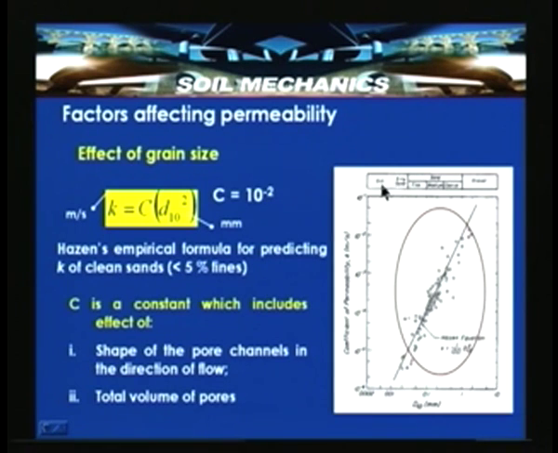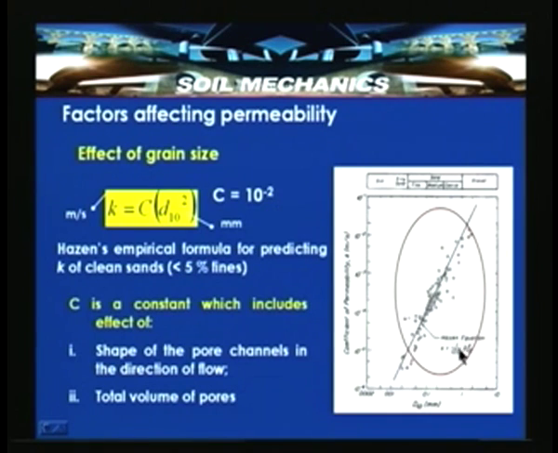Different soils like silt and silty sand, sand with fine, medium and coarse, and gravel are selected. Once the values are plotted, the regression obtained gives the equation named Hazen's equation after William Hazen: k is equal to C D10 square.